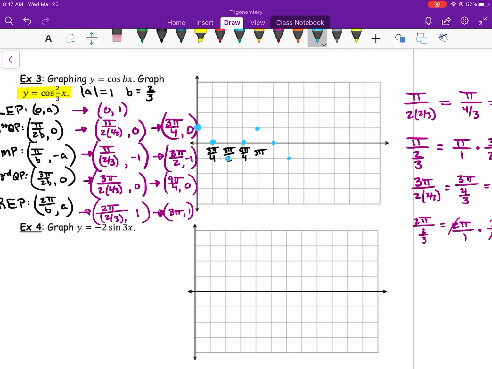So then this repeats. So down, down, up, up, down, down, up, up. All right, and then just connect it, make sure it's smooth. And this is cosine of 2/3 x.